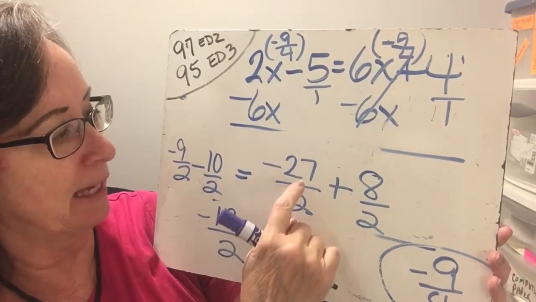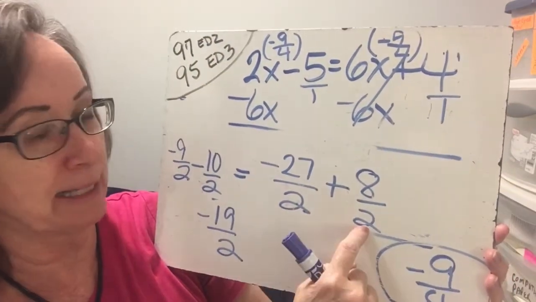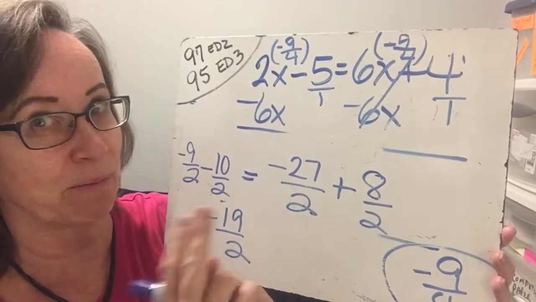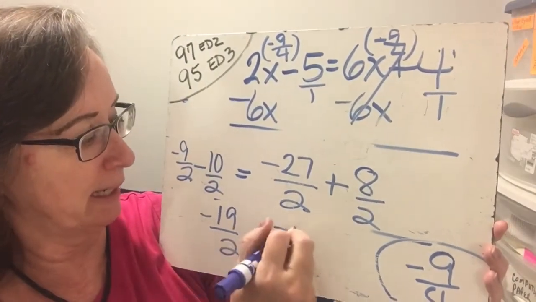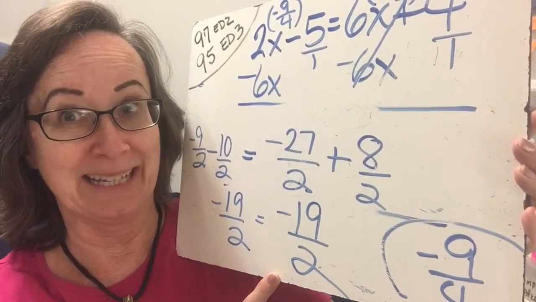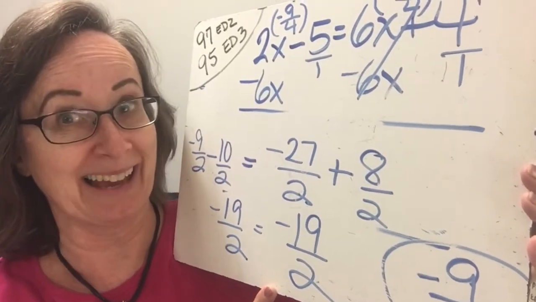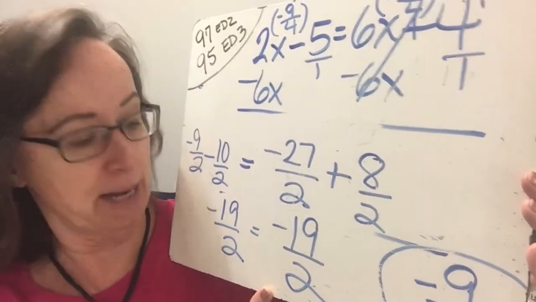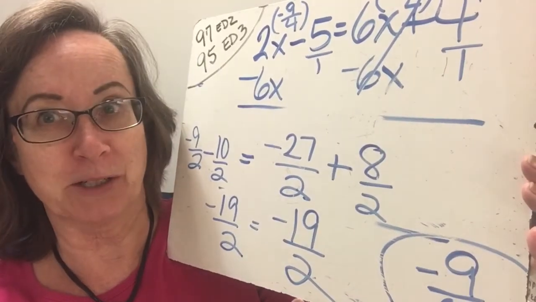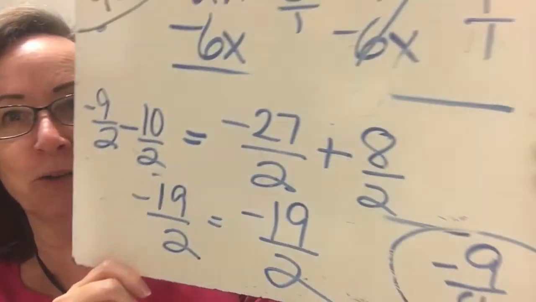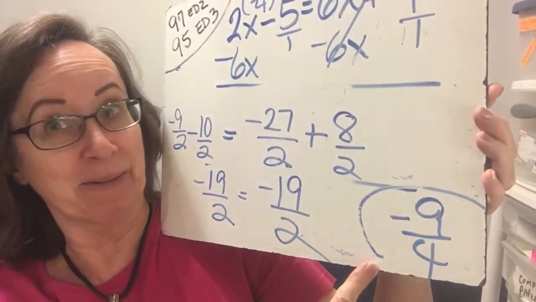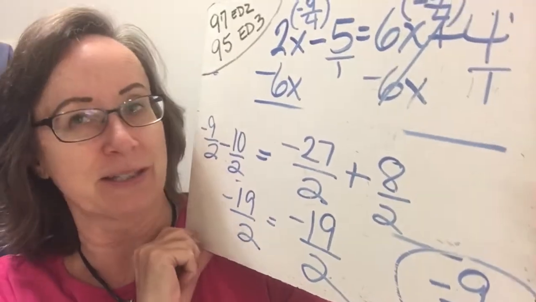Okay, and then we add these together. Since they're opposite signs, we really subtract, and we get negative 19 over 2 on that side also. And guess what? Negative 19 over 2 equals negative 19 over 2. So the solution really was negative 9/4.